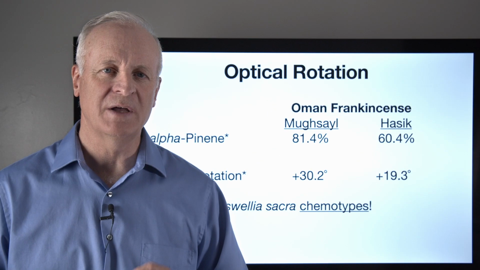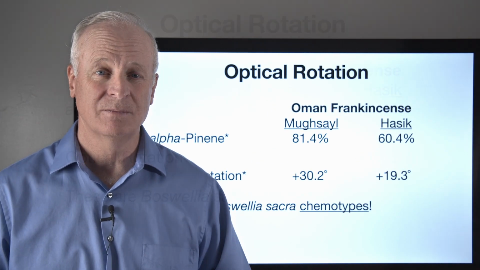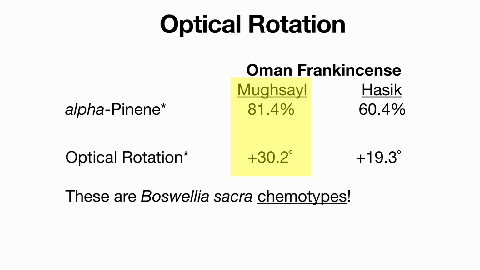Is there something about the alpha pinene and the optical rotation that match? For instance, Mughsal has high alpha pinene and high optical rotation. The Hasek frankincense from Oman has a lower alpha pinene and a lower optical rotation.